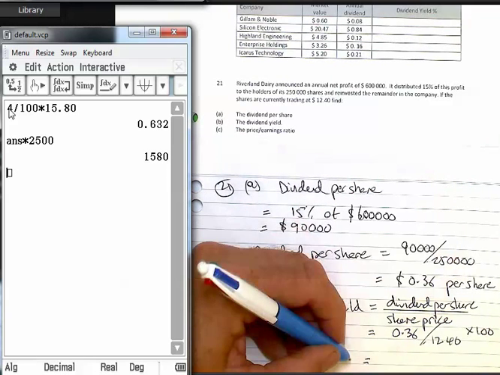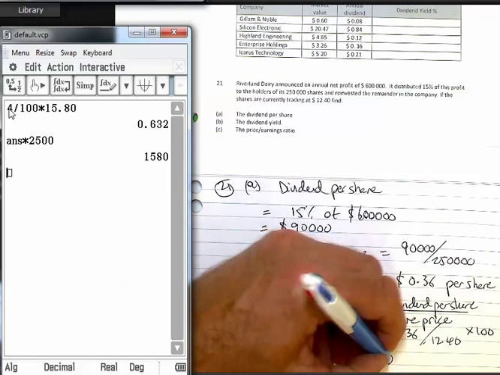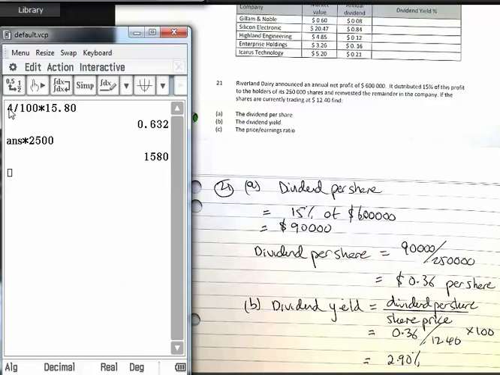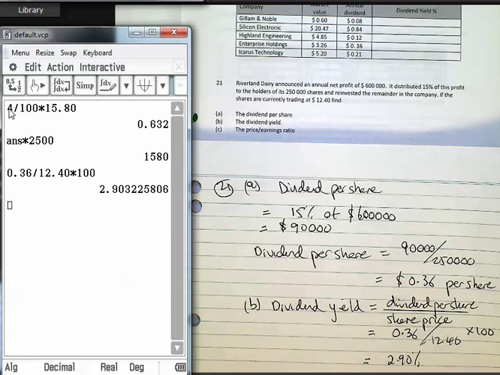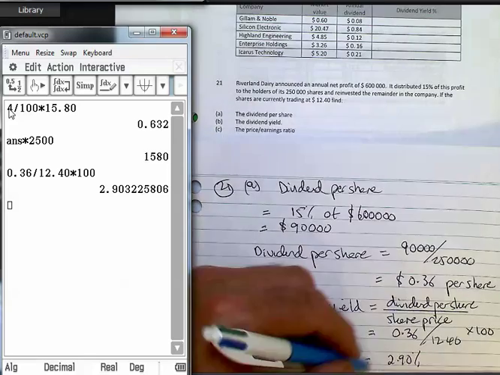And multiplying by 100 to make a percentage. I better do that on the calculator. So 2.98%.